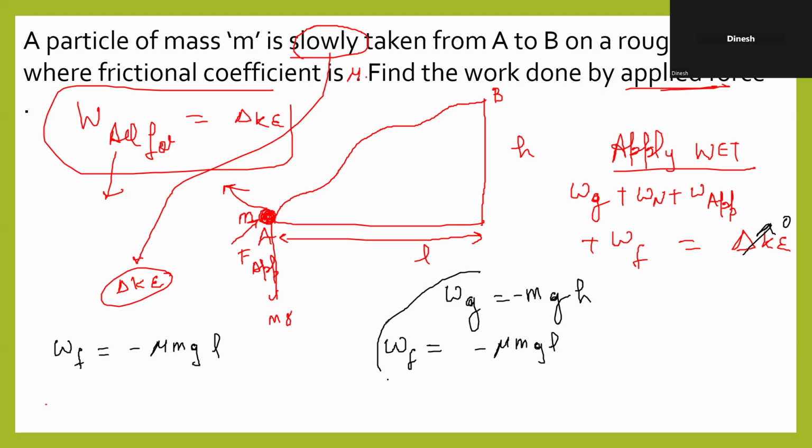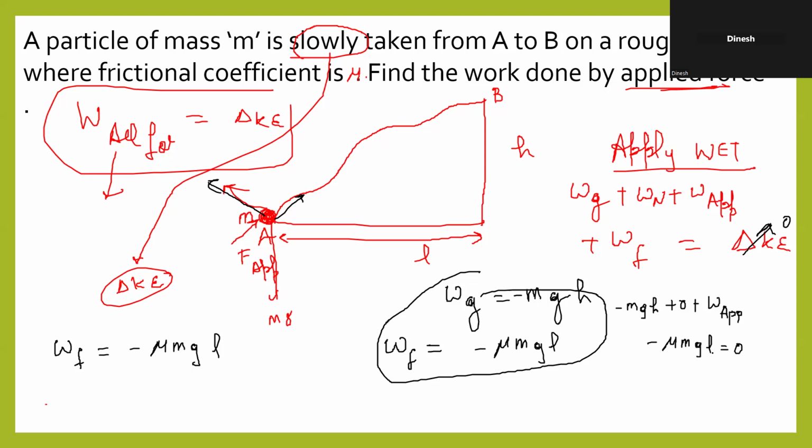Is it okay up to this? Put all the values. Minus mgh. Work done by normal is 0. Normal is like this, displacement is like this. Work done by applied force we need to find, plus work done by friction, minus mu mgl.